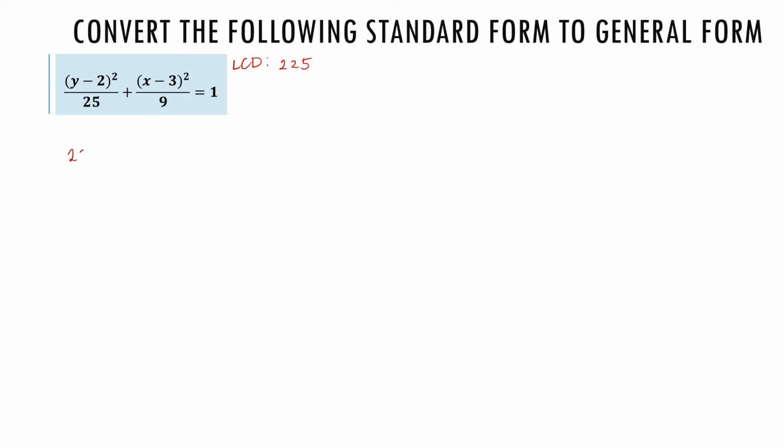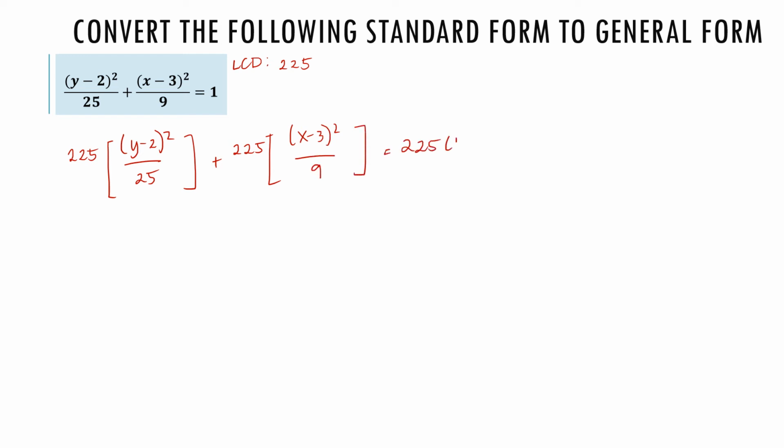Multiply everything by 225: 225 times (y minus 2) squared over 25 plus 225 times (x minus 3) squared over 9 equals 225 times 1. 225 divided by 25 is 9, times (y minus 2) squared.